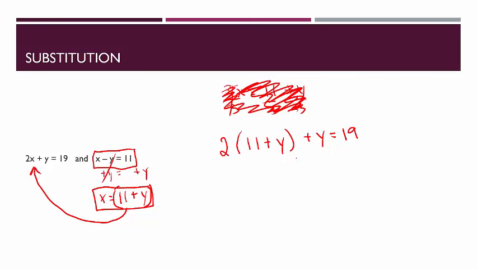Now to pick a normal equation, I'm just going to solve for y. So we'll go through here and distribute. And then I want to combine my like terms, so I have 2 y's and 1 y. That's going to make us 3 y's.